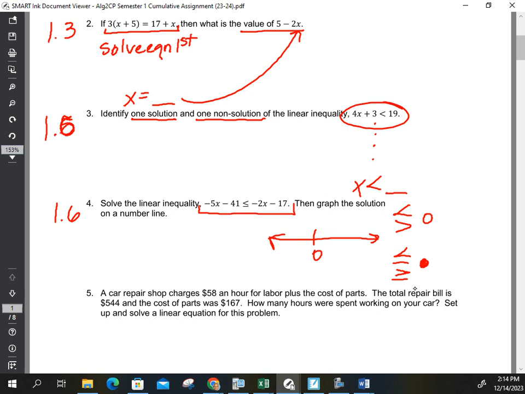When you start shading, then less than or equal to, you shade to the left. Greater than or equal to, you shade to the right. You first got to solve the problem out so that you know what you're working with first.